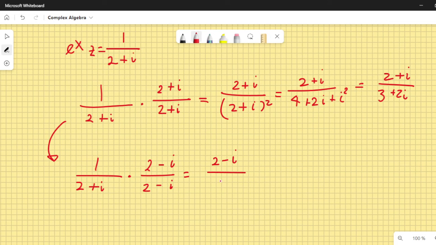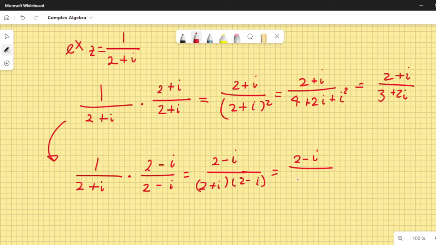And here I have binomial conjugates, right? Did you recognize them? They are binomial conjugates. So how do you take the product of binomial conjugates?